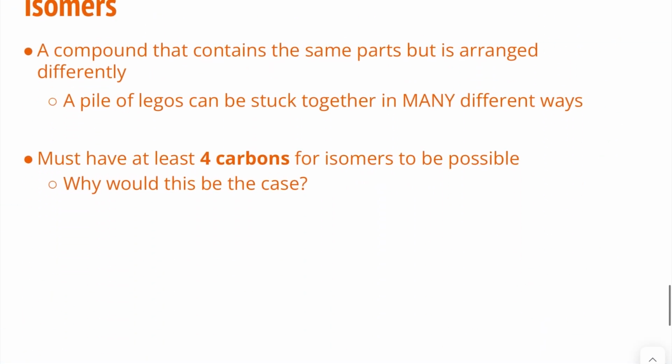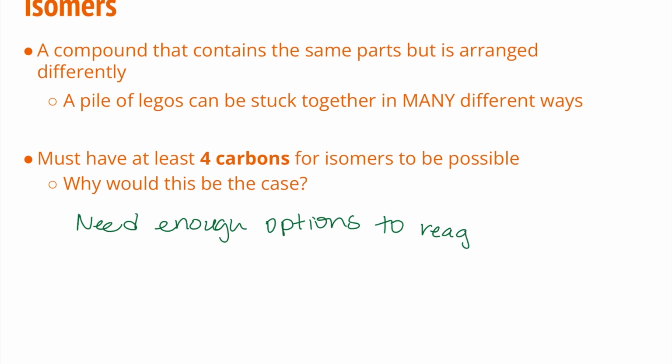And so why is this the case? Well, we need enough options to rearrange. If we are drawing it looking like they're not in a straight line, that doesn't actually give us enough options.